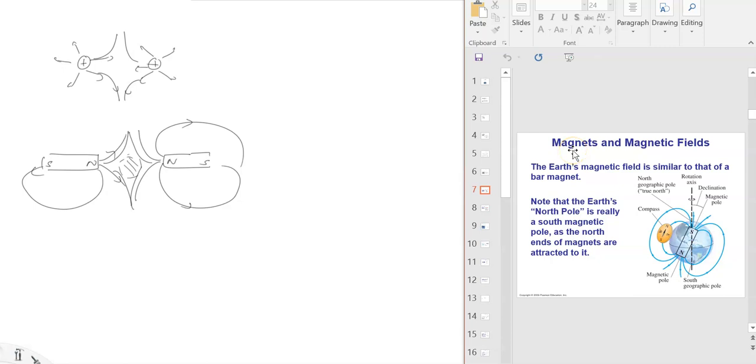Having a magnetic field is really crucial to life on Earth. So here's the second research question. Number one, how do we have a magnetic field, what creates it? Number two, what are the advantages because of that, like how it supports life on Earth.